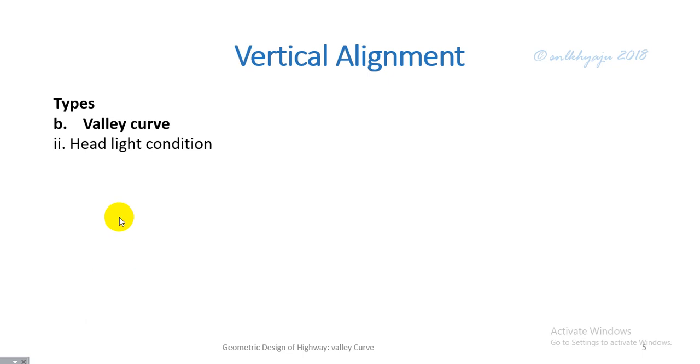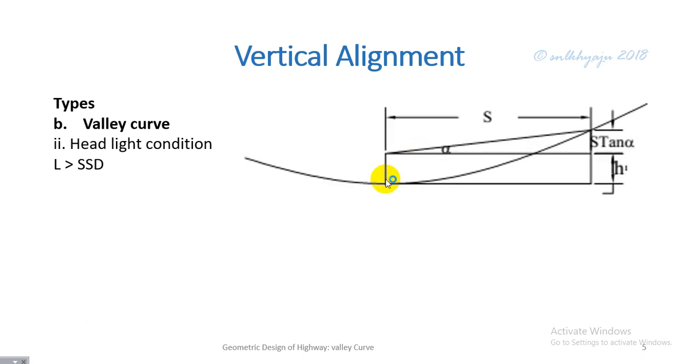Then the second criterion is the headlight sight distance condition. For the headlight sight distance condition, first we assume the length of the valley curve is greater than the stopping sight distance.